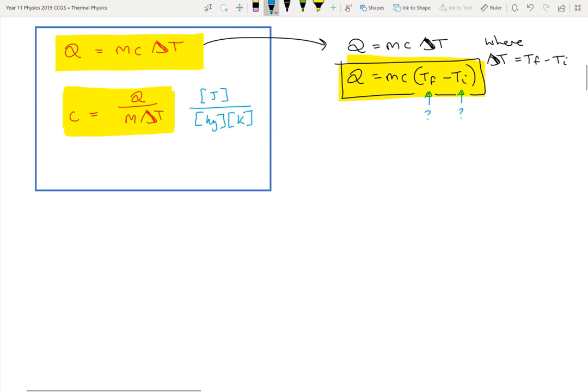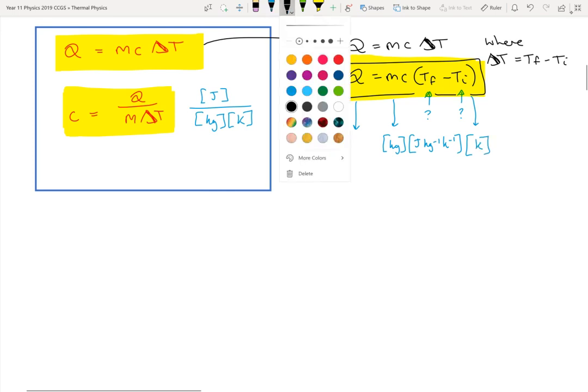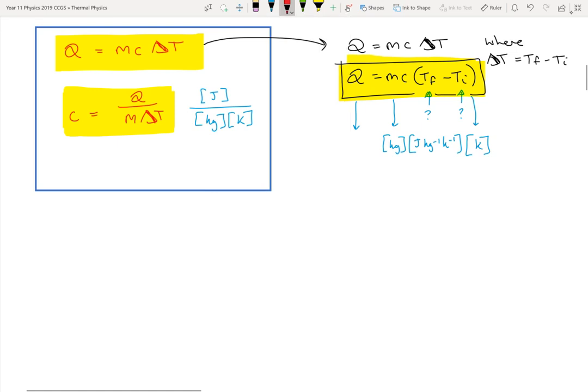One last thing, because I like using my buddy dimensional analysis, let's just check. If we take the units of mass, which is the kilogram, the units of the specific heat capacity, which is joules per kilogram per Kelvin, and the units of our change in temperature, Kelvin, we can see the kelvins will cancel, the kilograms cancel, and we're left with a unit of joules.